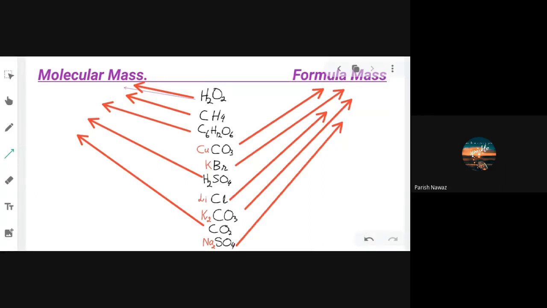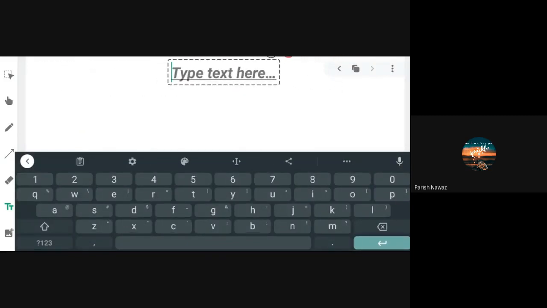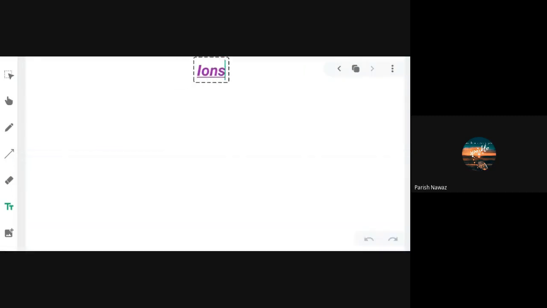After this, the new thing that we will study today is about cations and anions. Ions. Do you know how ions are formed? Ions are an atom or group of atoms having a positive or a negative charge.